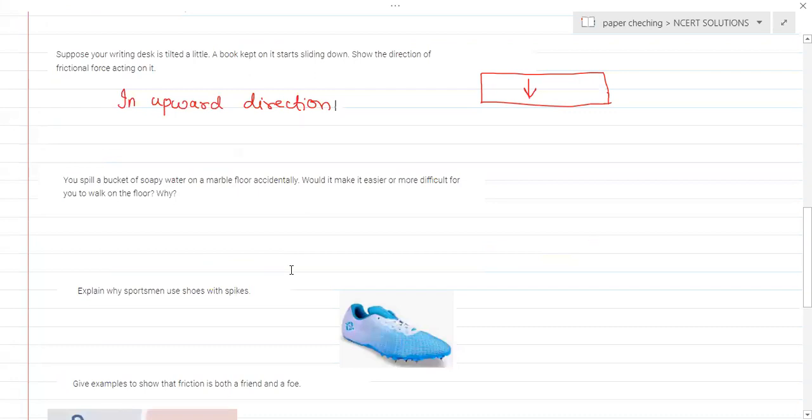So we all know that a marble floor as such will have less friction. But if we have managed to put soapy water on it, it will become even more difficult for us to walk on it. And why is that? Because it reduces friction, right? Let's write this.